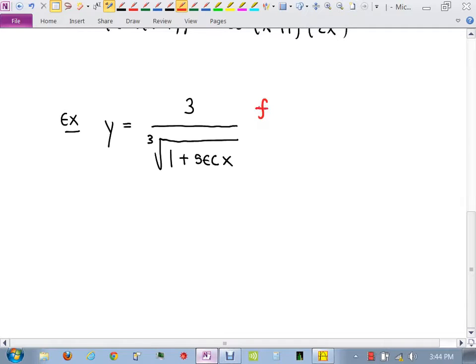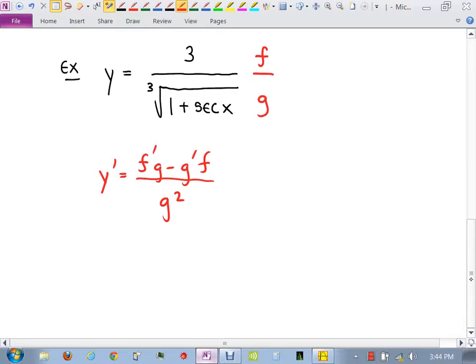So you're noticing you have an f on top and a g on bottom, right? And therefore, we know that the derivative will just simply be f prime g minus g prime f all over g squared. And I say simply, I mean, that's the formula for it, if I can figure those out, right?